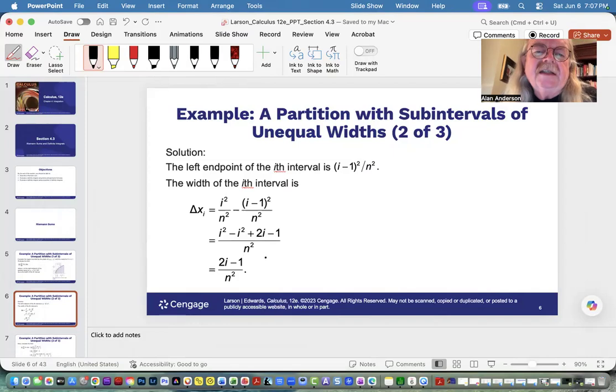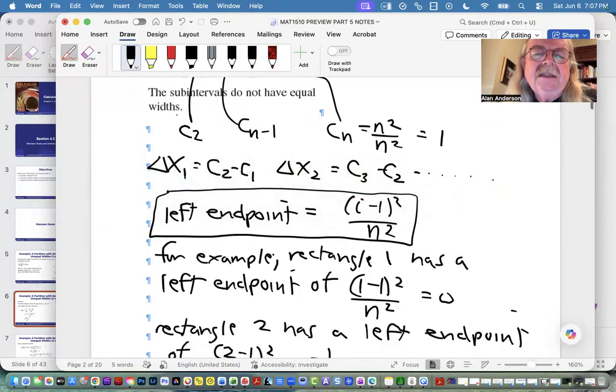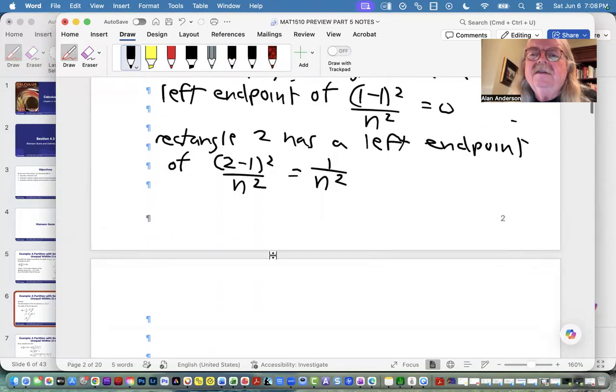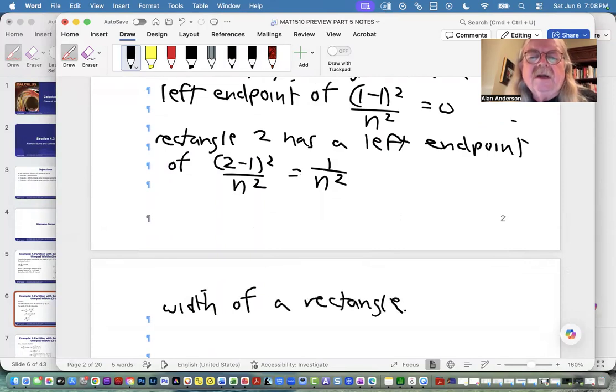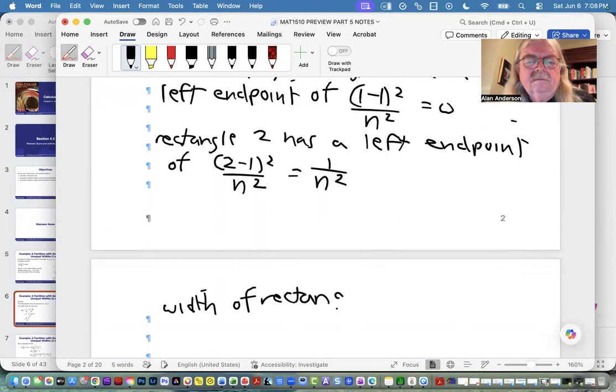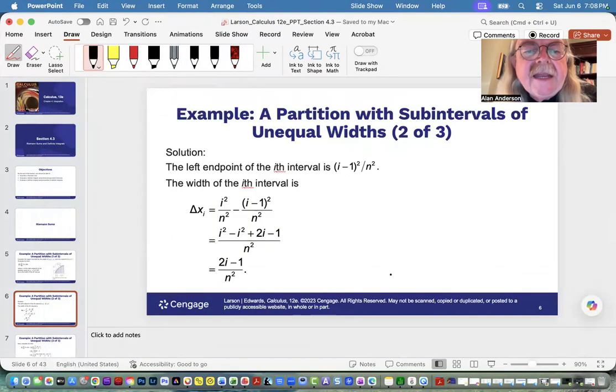Now, what they're telling us here is that the width of a given rectangle, or we'll call it rectangle i, can be written, and you can see that these are in fact two consecutive endpoints.